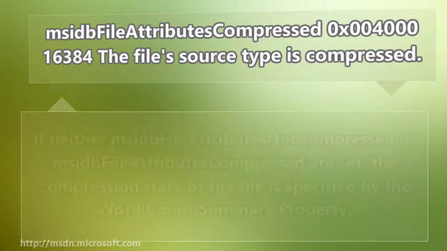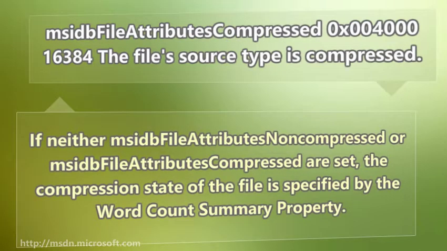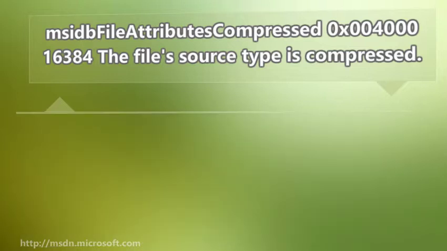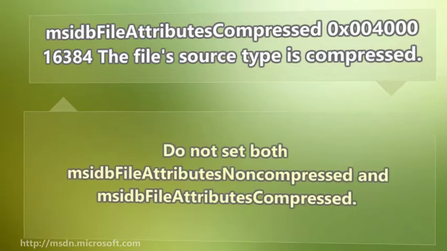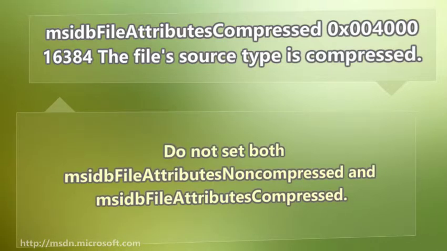If neither msidbFileAttributesNoncompressed or msidbFileAttributesCompressed is set, the compression state of the file is specified by the Word Count Summary property. Do not set both msidbFileAttributesNoncompressed and msidbFileAttributesCompressed.